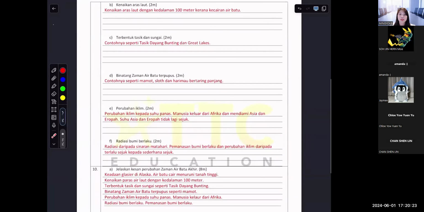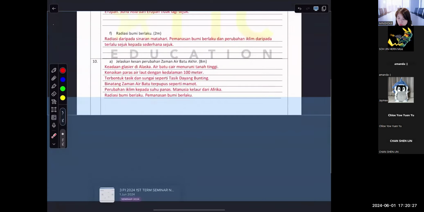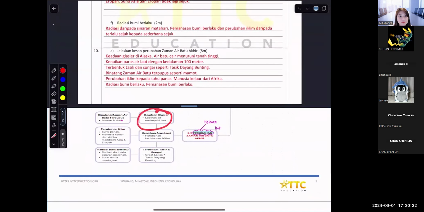Okay. Now, so you see the kesan here? Your screenshot already, I want to show you this kesan. Keadaan glacier. Kenaikan paras air laut. Tasik dan sungai terbentuk. Binatang zaman air batu pupus. Perubahan iklim kepada suhu panas.